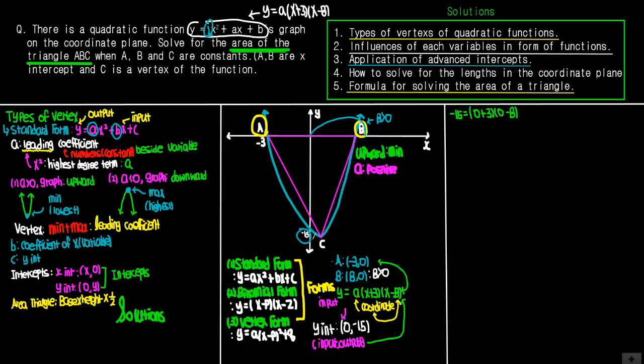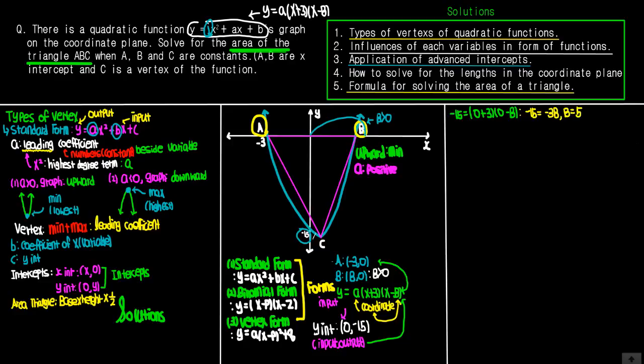So we don't have to care about the a value now. The only thing that we need to carry is our b value here. If you simplify our expressions, we're going to get negative 15 is equal to negative 3b. All you have to do in order to solve for b is divide whole terms by negative 3, which gives b is equal to positive 5.